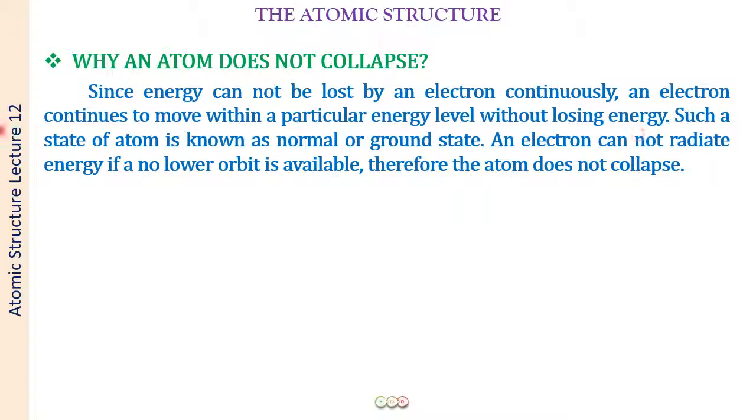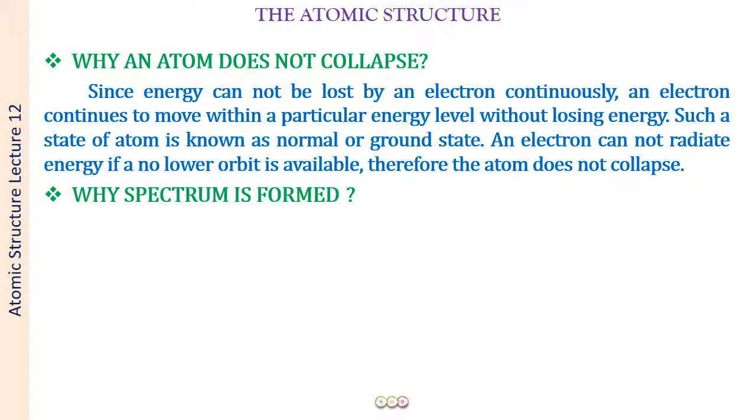And such a state of atom is known as normal or ground state. So the first thing is that the electron is not losing energy continuously. And the second thing is that an electron cannot radiate energy if no lower orbit is available. Therefore, the atom does not collapse.